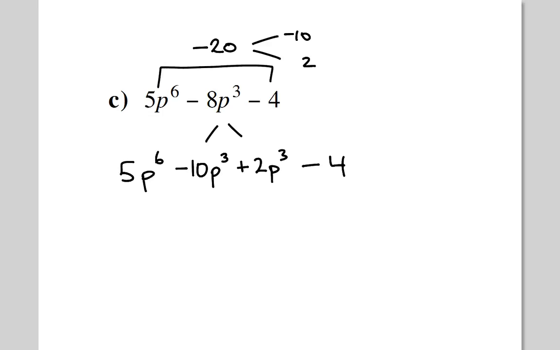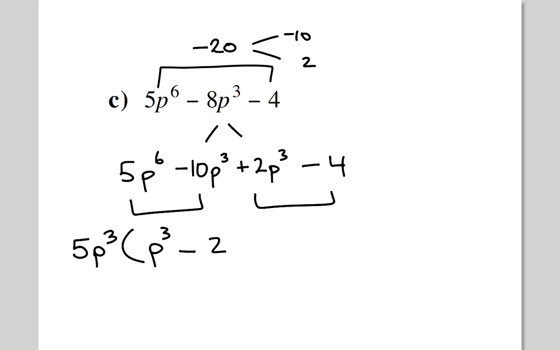Now we jump into the groups, factor groups. You okay with that, Ashwin? Got that look on your face like maybe confused. You okay with that breakdown? Okay. Factor groups, what's coming out of the first pair? 5p3, good. And then you get p3 minus 2? Good. And now we're taking out a +2.